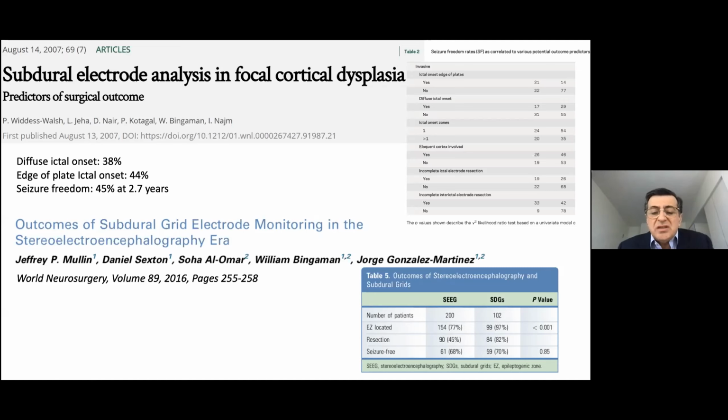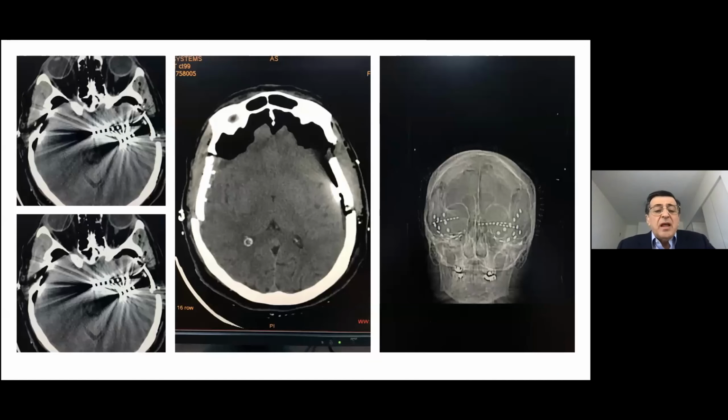So there is still some controversy about the use of SEEG versus subdural electrodes. I believe that subdural electrodes should be used only in very, very selective cases, as I have discussed. The overzealous use of subdural electrodes is dangerous.